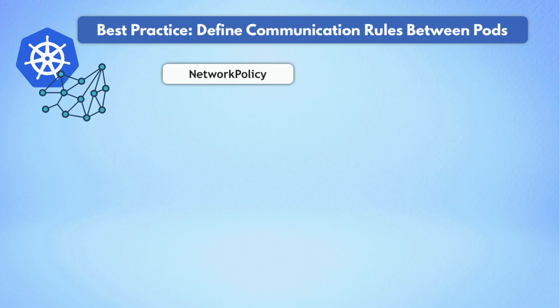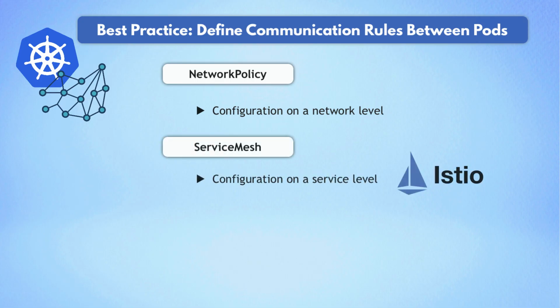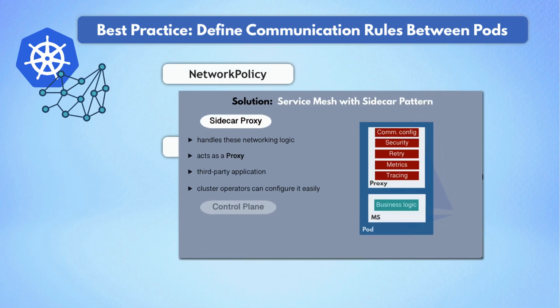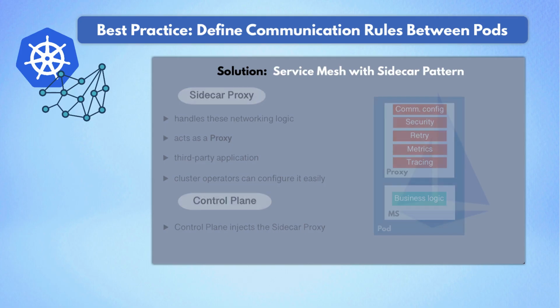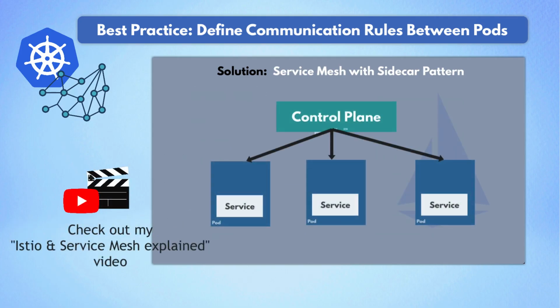Now, network policies configure communication rules on a network level. But if we want to define these rules on a service level or an application level, which is a more logical level, so to say, we can use a service mesh like Istio for that. So Istio uses proxies in each application pod that will control the traffic coming into the application as well as traffic going out of the application.